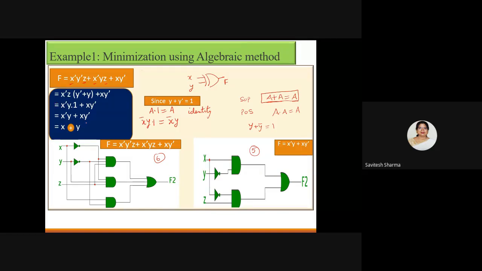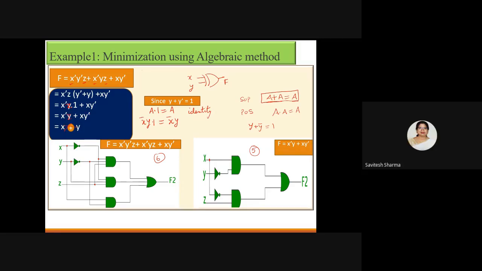Something is wrong here. Anyone noticed? Yes, ma'am. Z. What did I do wrong? I explained everything, and no one is telling me, madam, you wrote the wrong expression. X bar z you took common, so I should write x bar z. Okay. So this is the mistake here. So I cannot implement this with the XOR.